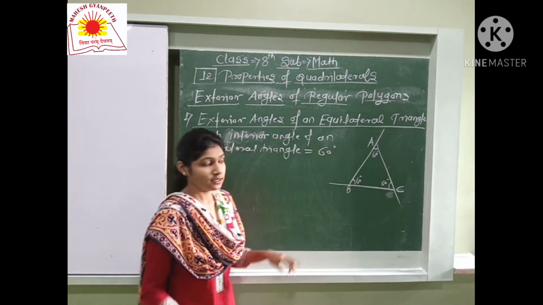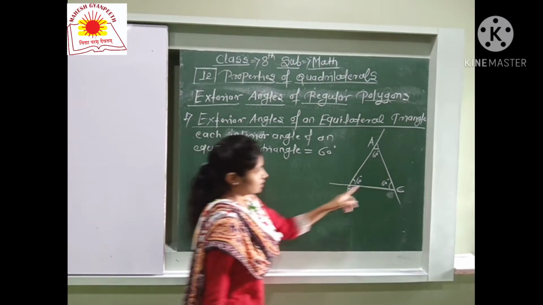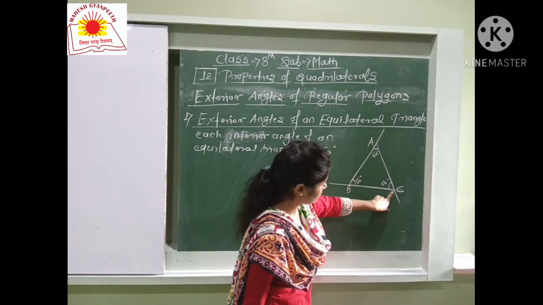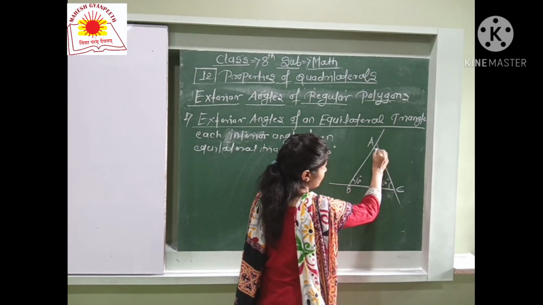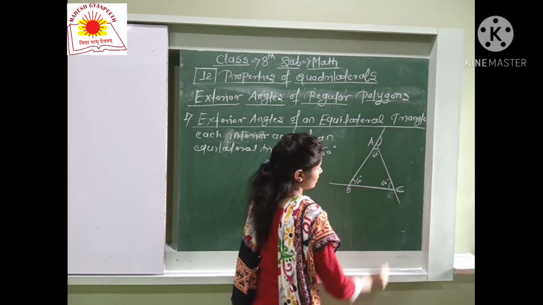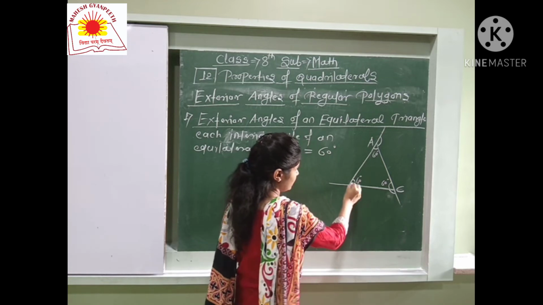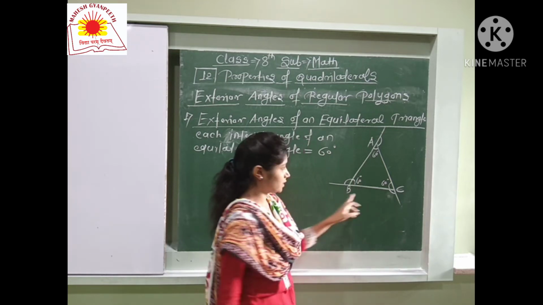Everyone knows that. Okay, interior angle is 60 degrees. Then, see here, students, see this given figure. What is the angle? A is the exterior angle. This one is the exterior angle. Then at C, this one is the exterior angle. And at B, this one is the exterior angle.